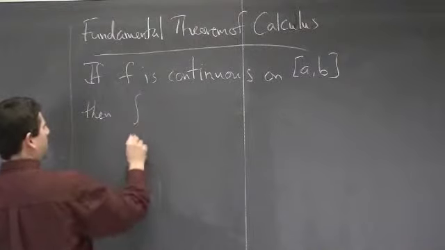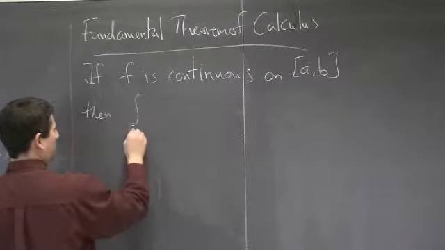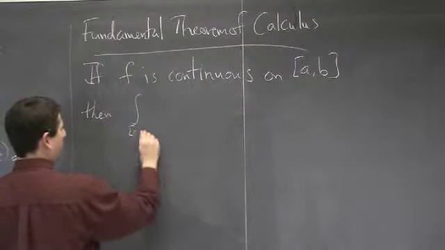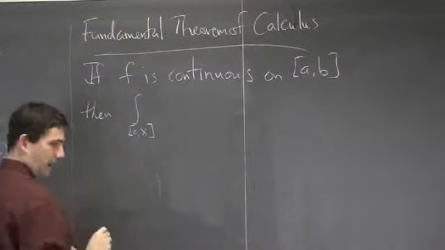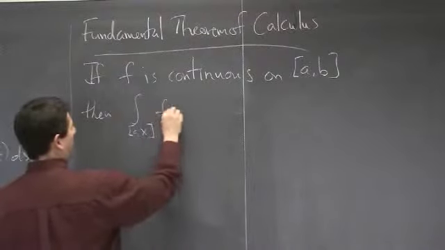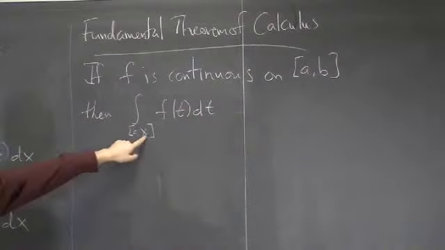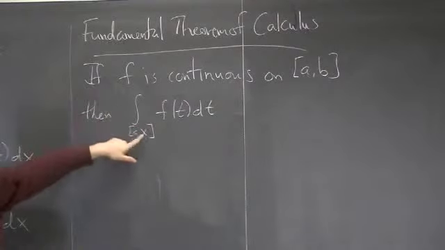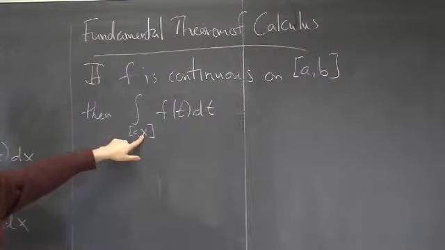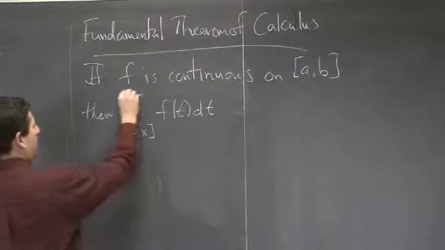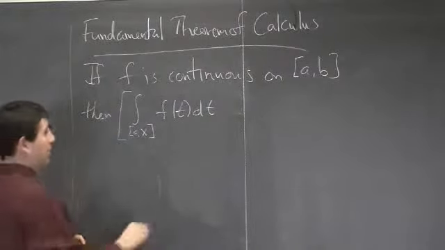So if f is continuous on a, b, then the integral from a to x, where we choose x as our variable. We're not fixing x, we have a variable x, which, being a variable, can vary. So we call this function g of x.